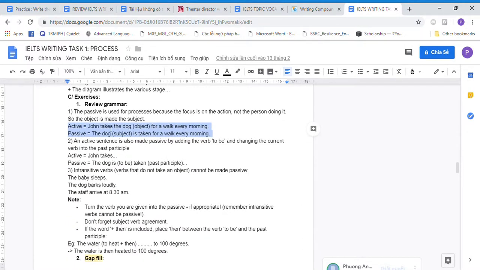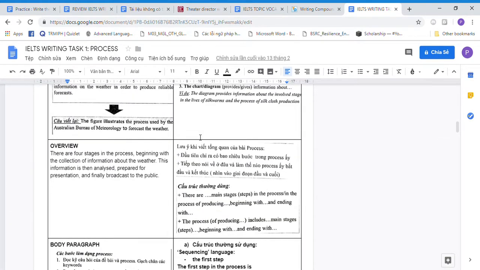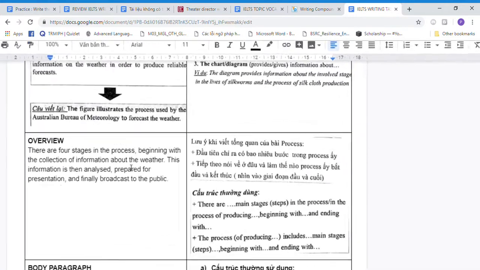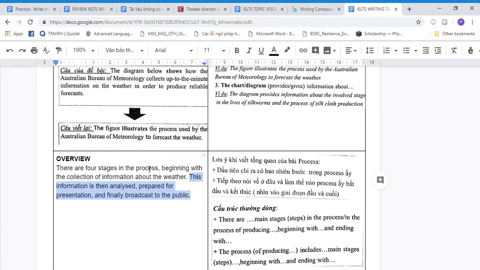So for example, John takes the dog for a walk every morning. The dog is taken for a walk every morning. In this case, we don't use it like that. We use it like this, for example. Of course, there's no dog inside an IELTS writing task 1 test.